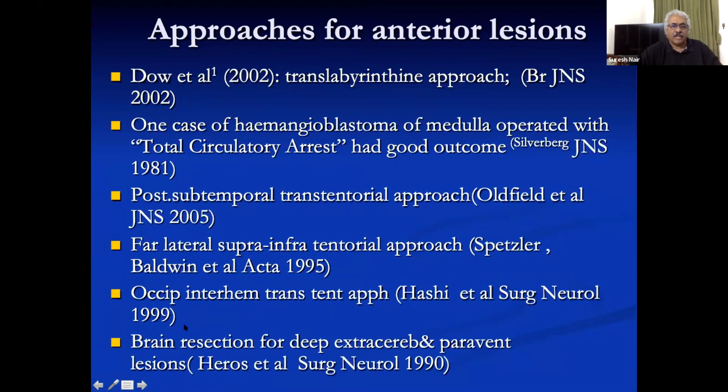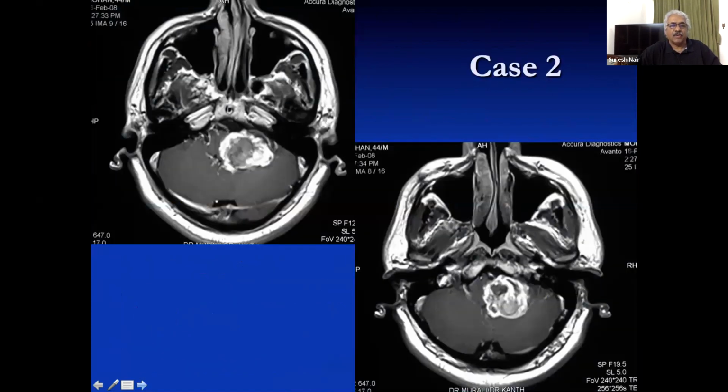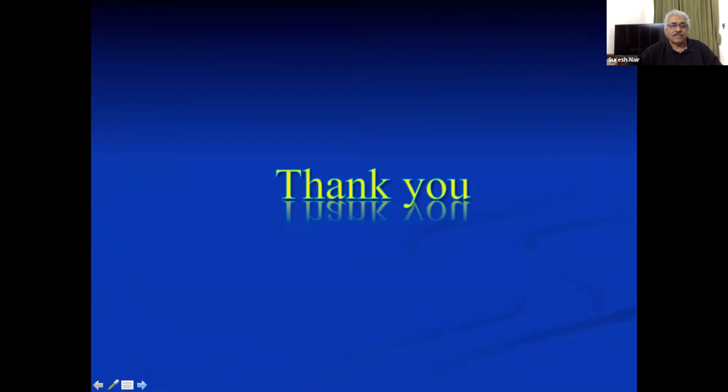All these approaches are there. In the first case, Girish Menon and I did a large hemangioblastoma in this anterior medial location. We did it under circulatory arrest, and that patient died also. So this is not that case, this is some other case.